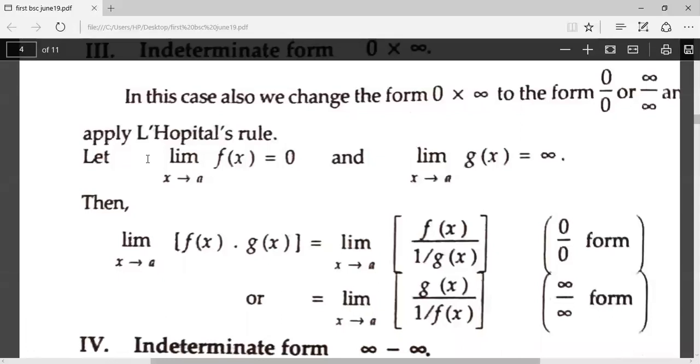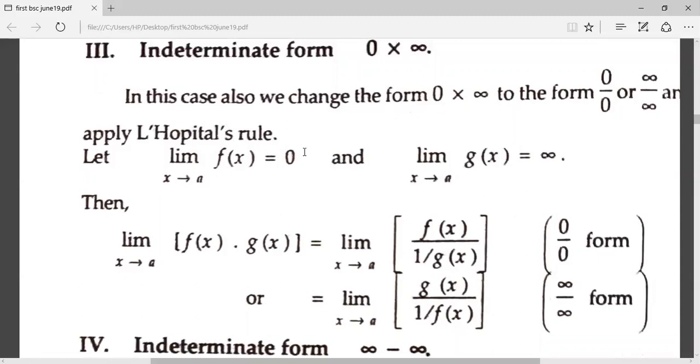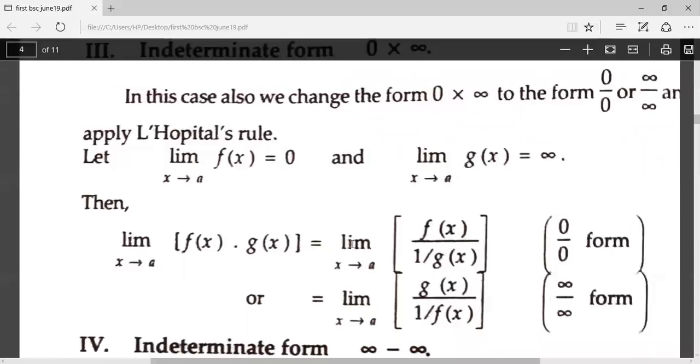So what the result says is, if limit of f of x as x tends to a is 0, the first function limit is 0, and limit of g of x as x tends to a is infinity, the second function limit is infinity, then limit of f of x into g of x as x tends to a is 0 into infinity, an indeterminate form.